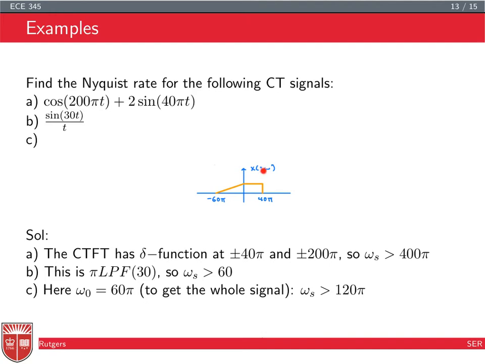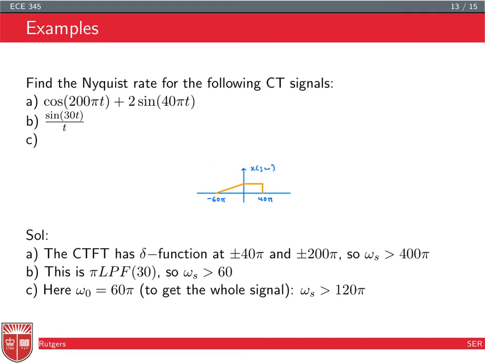And in the last example, we're given the following spectrum of the signal, and you can see here that the maximum frequency is 60 pi, so you have to sample at a frequency greater than 120 pi.